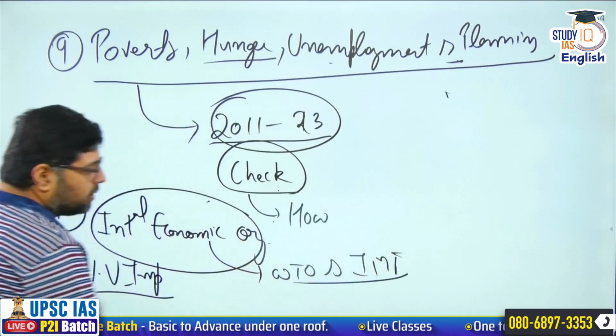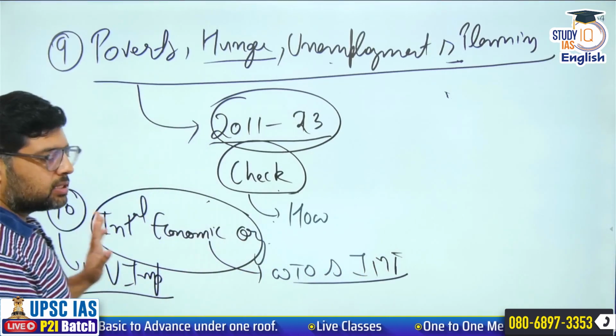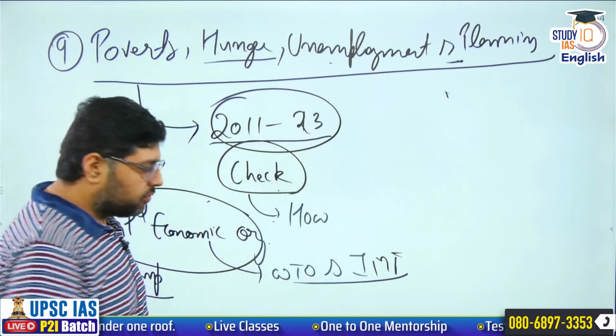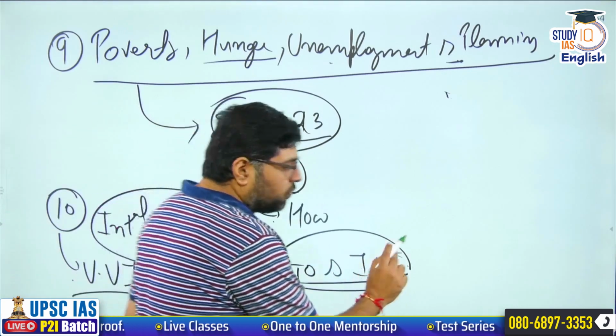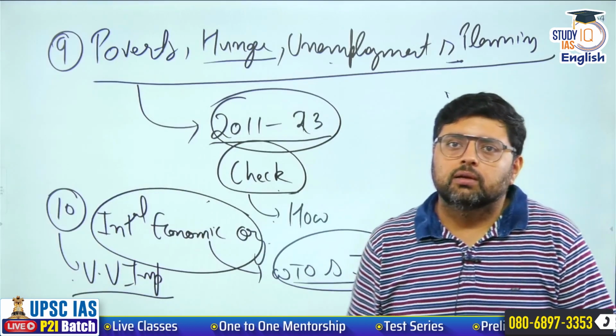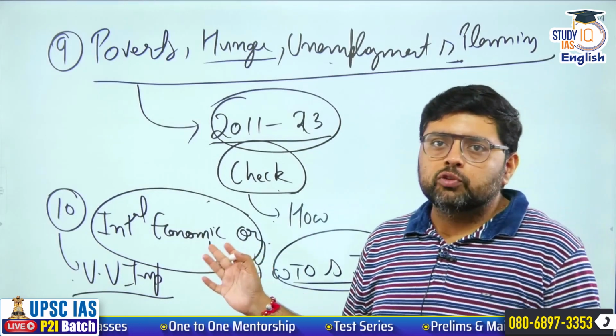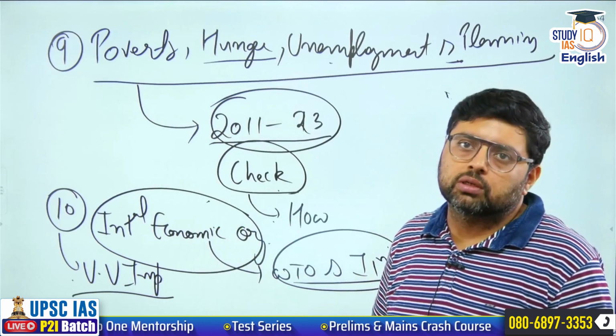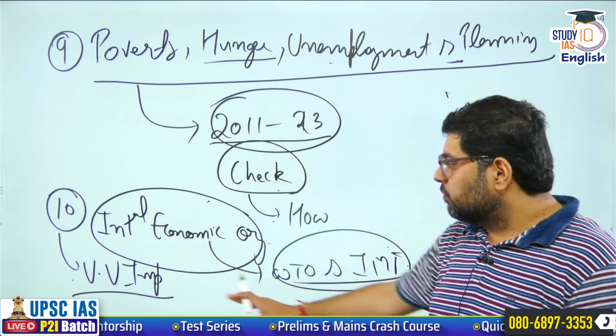World Bank used to be an important topic, but nowadays the focus is less on World Bank, and there is huge focus on WTO and IMF, so you will find many questions from this area. Like if I talk about IMF, if you check the last 2-3 years' papers, every year they have asked a question from IMF, at least one question. So this is very, very important.